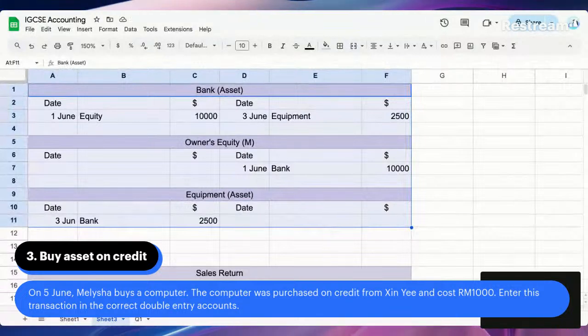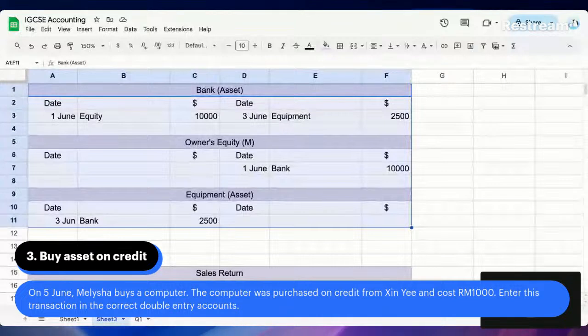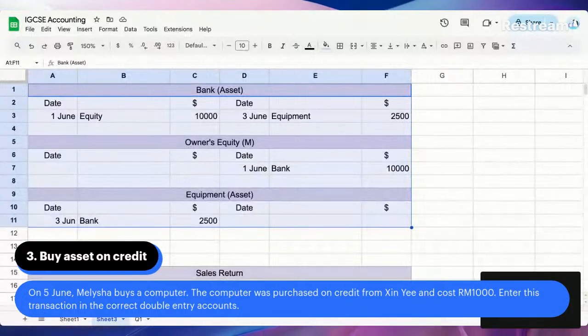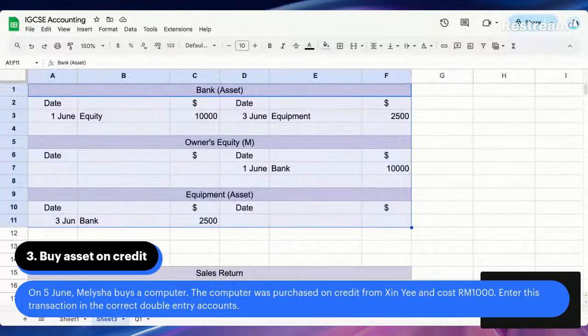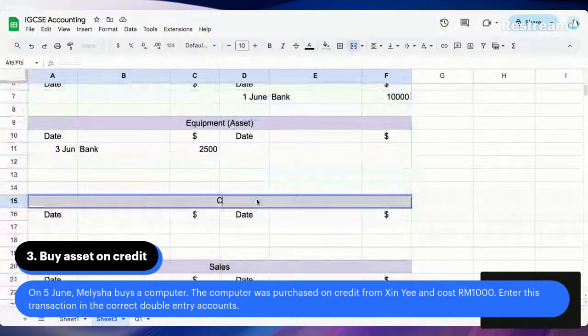Okay, example number 3. On 5th of June, Melissa purchased a computer. The computer was purchased on credit from Cindy and cost 1,000. Enter this transaction into the double entry account. All right, so now we have to know that this particular thing is about a computer.